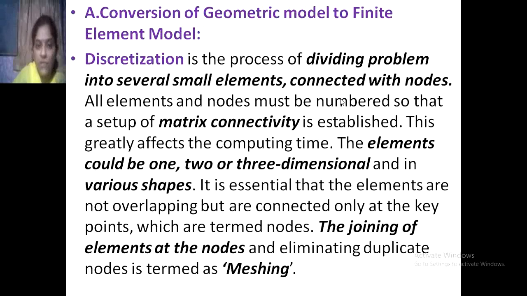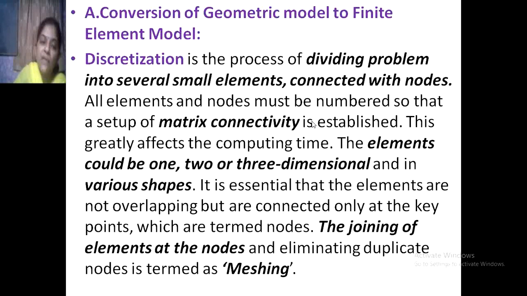Then the conversion of geometric model to finite element model, that is discretization. So dividing the problem into several small elements connected with nodes. All the elements and nodes must be numbered so that a setup of matrix connectivity is established. So this greatly affects the computing time.